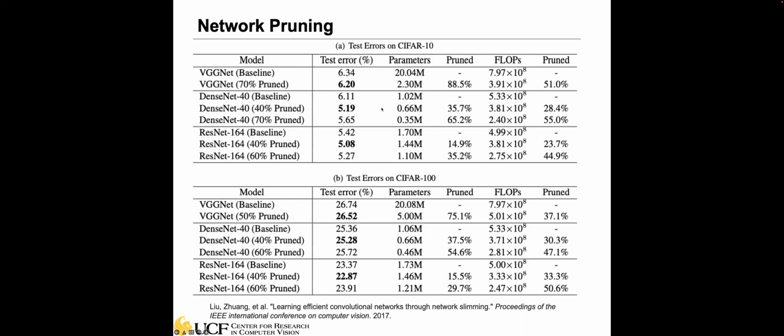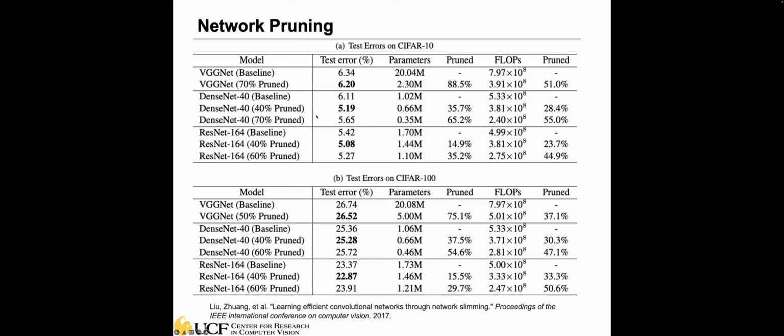And so, more pruning will result in a smaller network in the parameters and also compute, right? But if you prune more, obviously, you may have some performance degradation. But in this case, it seems like they are also able to have better test error.